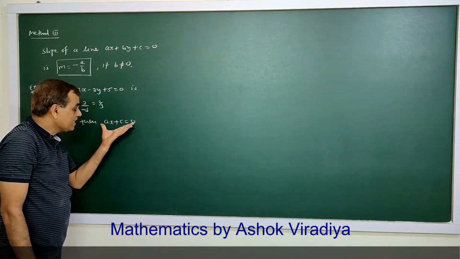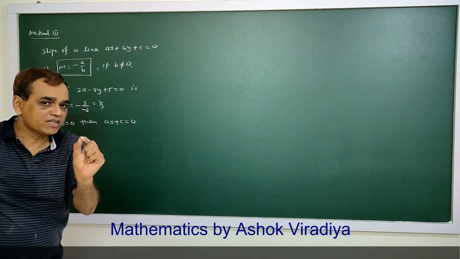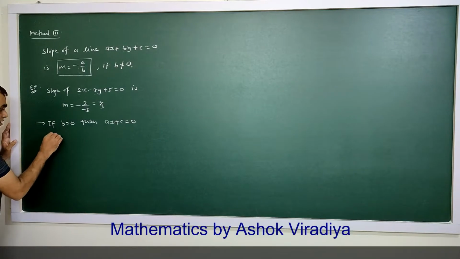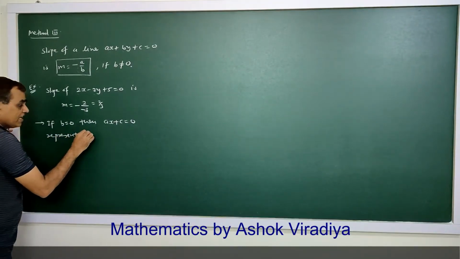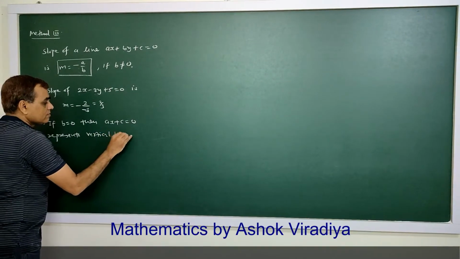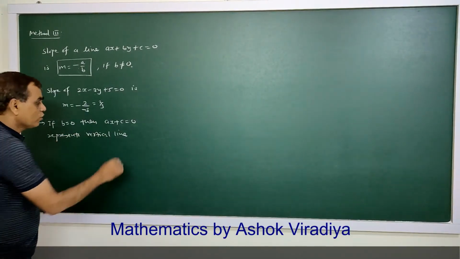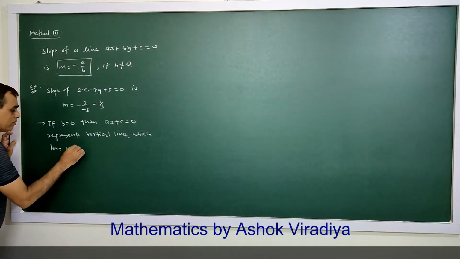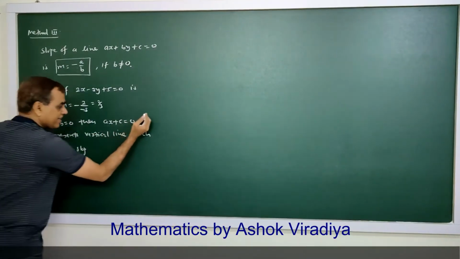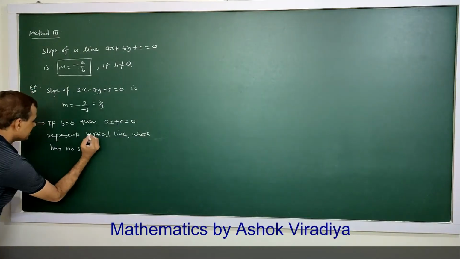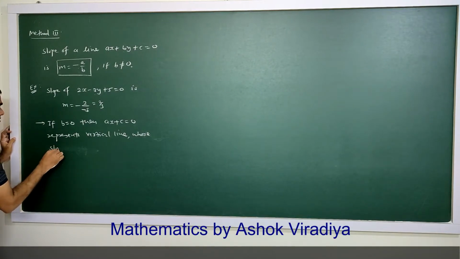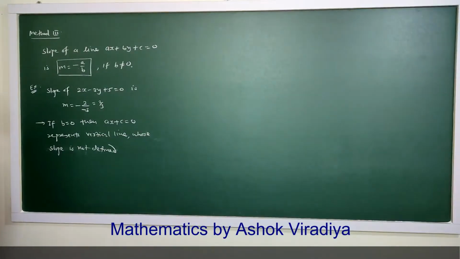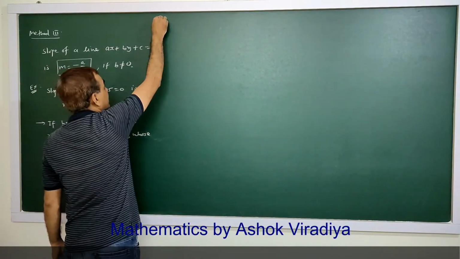So if you don't find the y variable in the equation of a line, then it represents a vertical line, whose slope is not defined. So that is the third method to find slope.